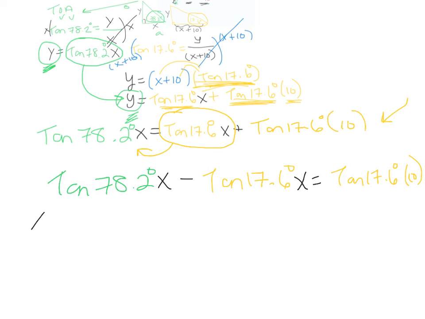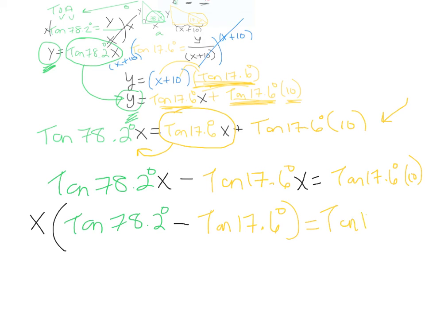You can then factor out an x, and you're left with the tangent of 78.2 degrees minus the tangent of 17.6 degrees is equal to the tangent of 17.6 degrees times 10.